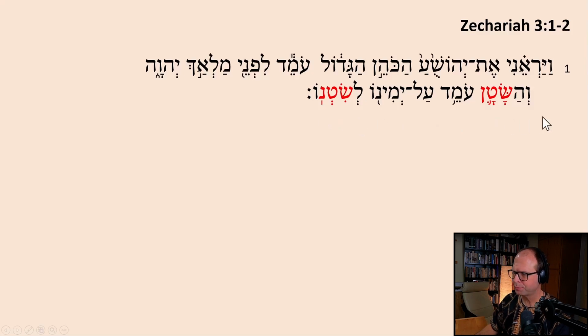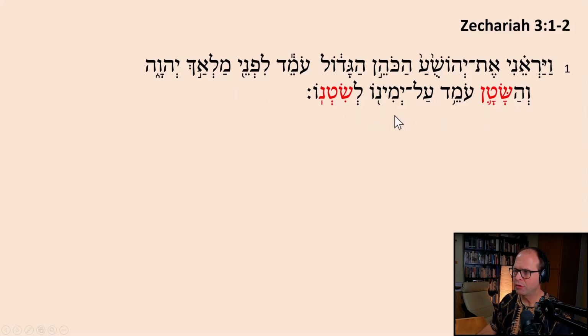Actually, Joshua's not standing next to the Malach Adonai, he's standing before him, in his presence. And next to Joshua is this Satan, hasatan omed, the Satan was standing al yemino, to the right of him, to his right. That's Joshua's right, I assume, not the Malach Adonai's.